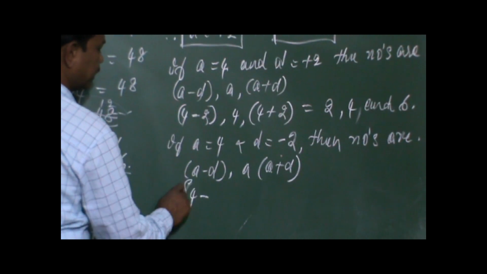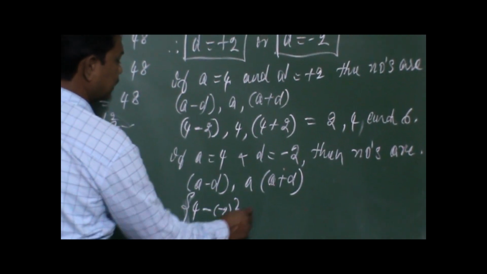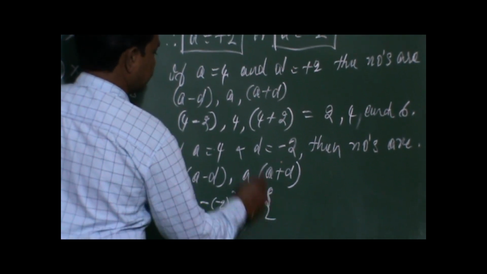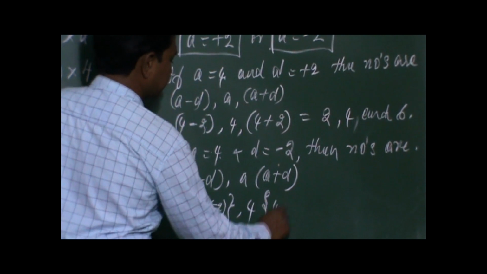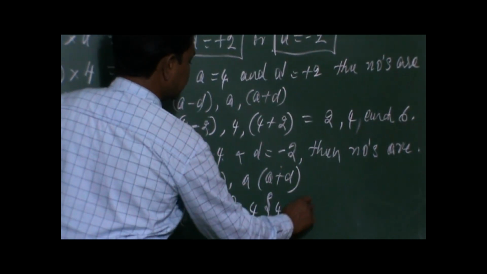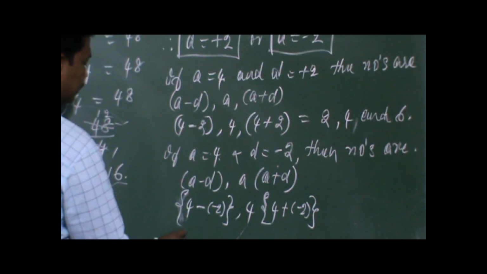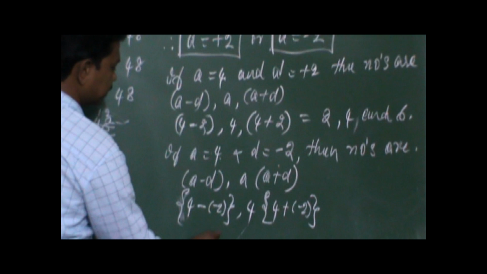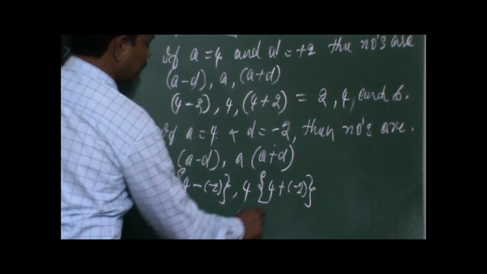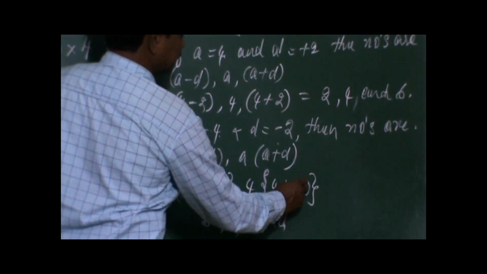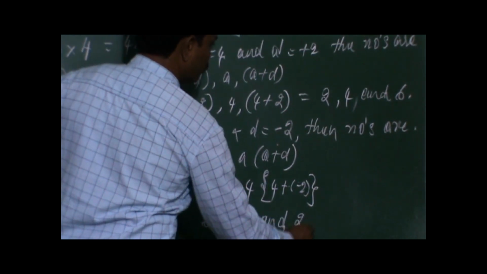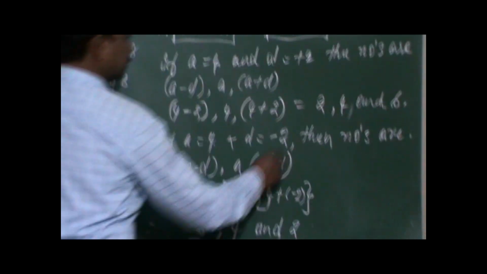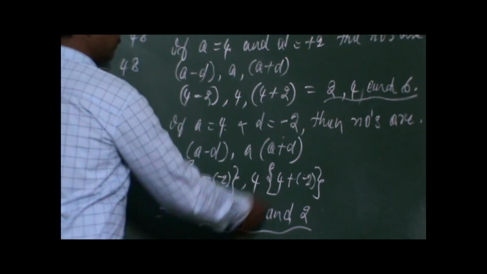So please keep it inside brackets like this, and A is 4 again, plus D is minus 2. So it becomes 4, minus into minus is plus, 4 plus 2 is 6 comma 4, and plus into minus is minus, 4 minus 2 is 2. Okay, so we have got the answer as 2, 4 and 6 or 6, 4 and 2.